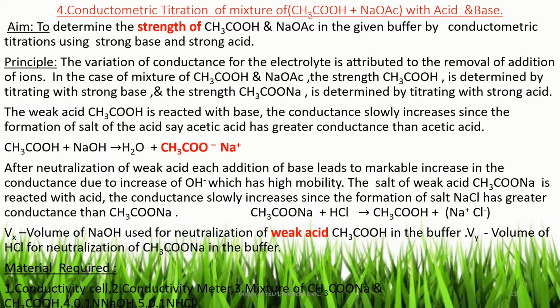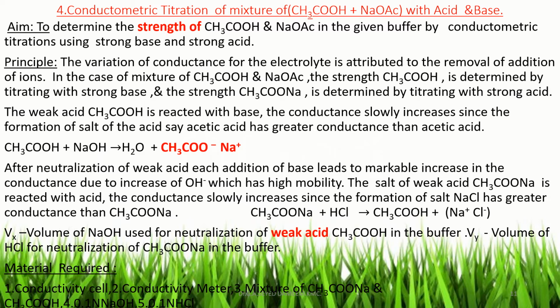That is why there is a slight increase in the conductance, and after acetic acid is completely removed on adding sodium hydroxide, conductance increases rapidly due to the increase of OH minus ions.